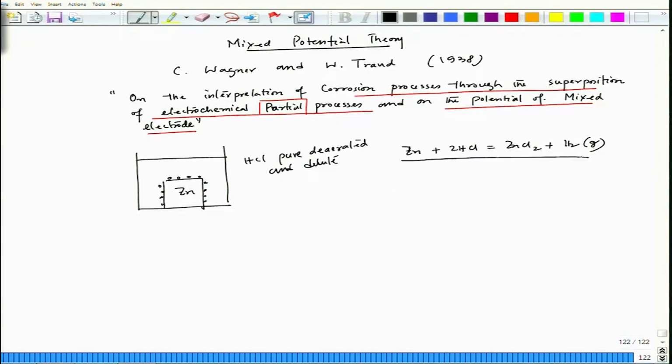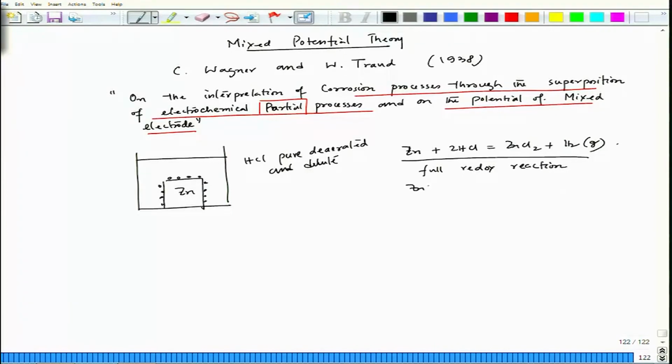Interestingly, this is a full redox reaction, and in case of in situ processes, I could see that this is a single process. This redox reaction can be broken into one oxidation and one reduction process.